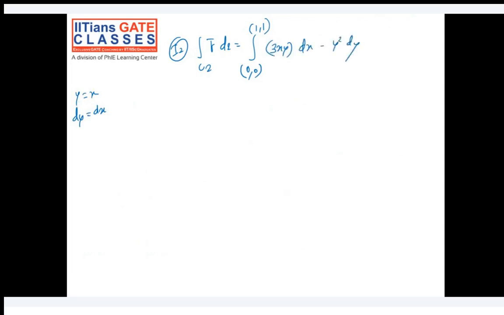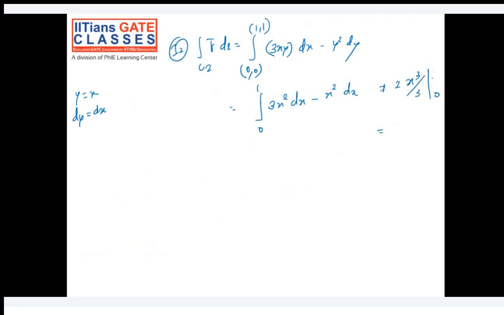So if you integrate it, it is 2x cubed by 3. Putting the limit 0 to 1, sorry, it's 1 to 0, because this is going from 1, 1 to 0, 0, and it will be minus 2 by 3 that you should get.